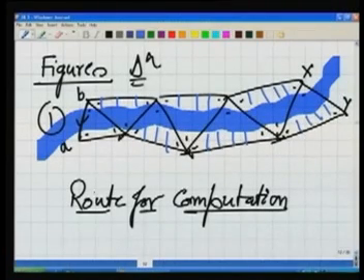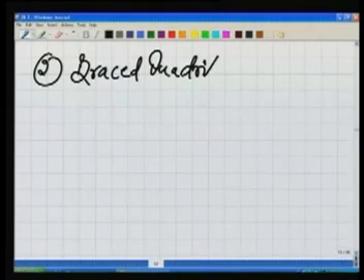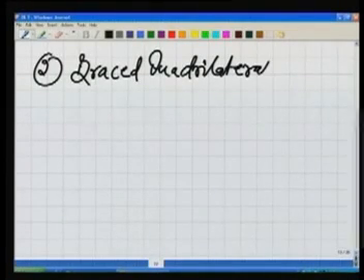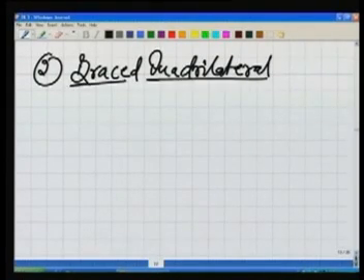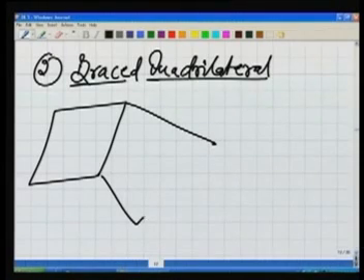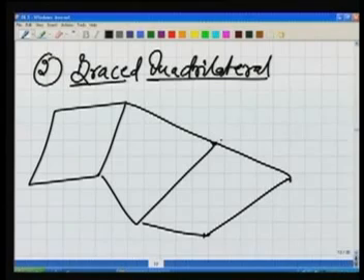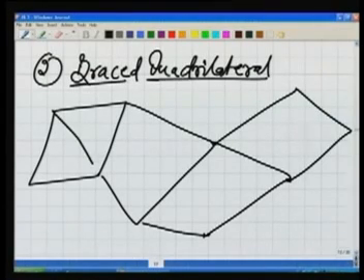The other figure, the second which we can say, is the braced quadrilateral. Now what is it? It is a chain of quadrilaterals which are braced.